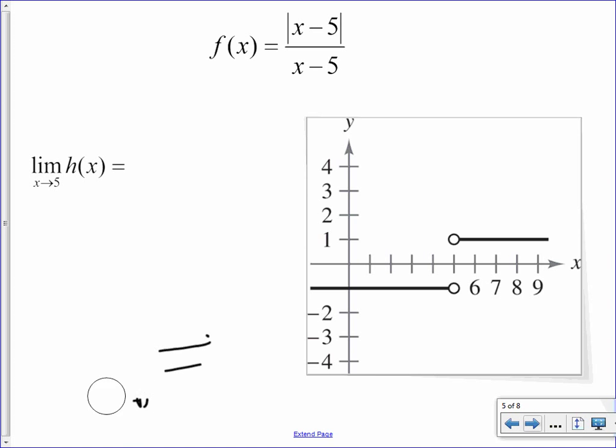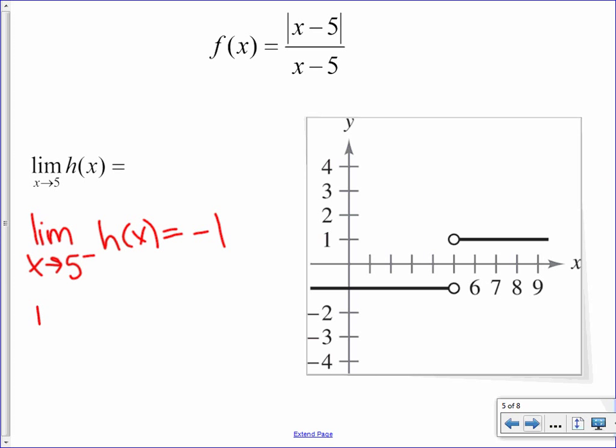What is the limit as x approaches 5 from the left? Negative 1. What's the limit as x approaches 5 from the right? One. Positive 1.